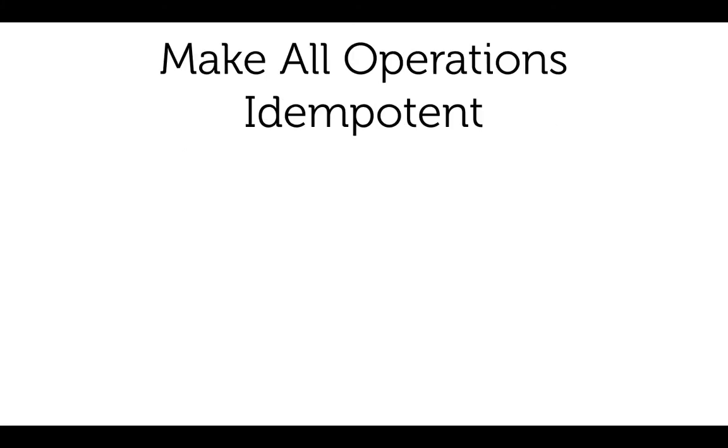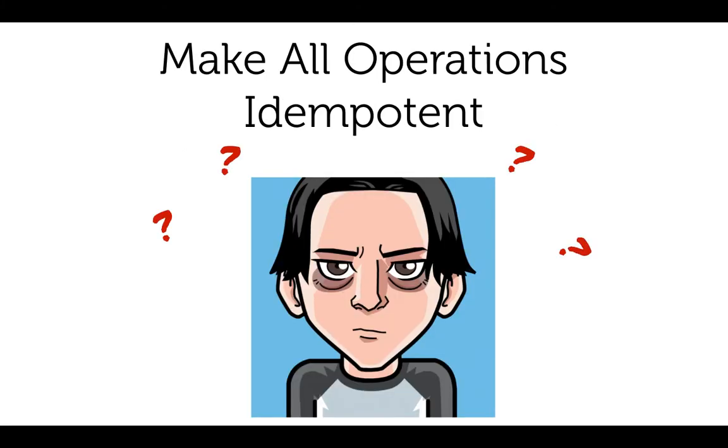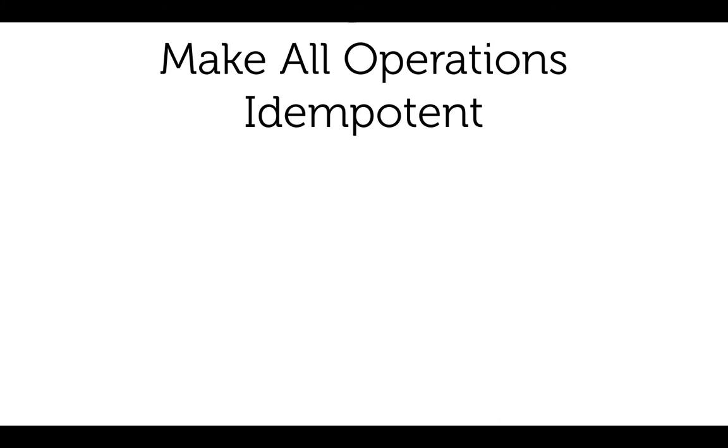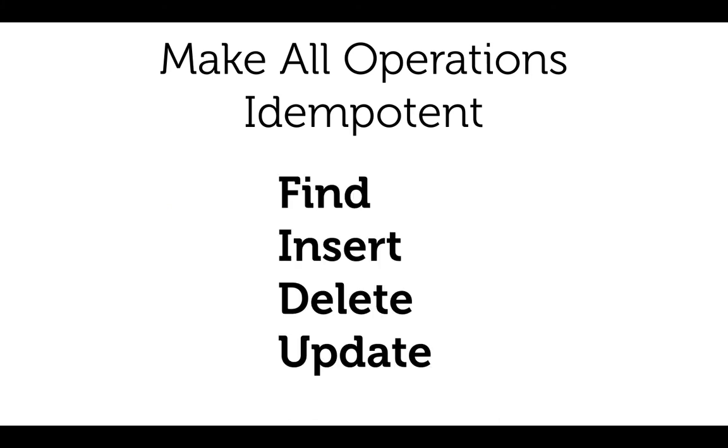But how do we make all operations idempotent? So MongoDB has four kinds of operations. There's find, insert, delete, and update. And find and insert and delete are pretty easy to make idempotent, so we'll deal with those first.